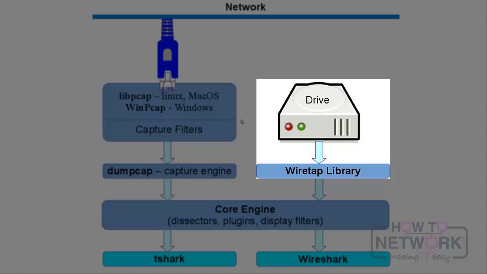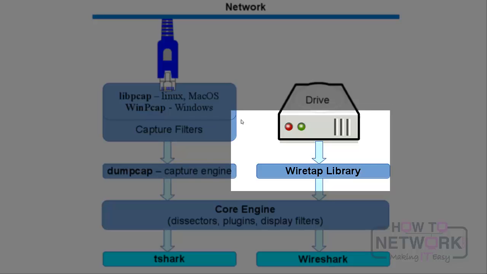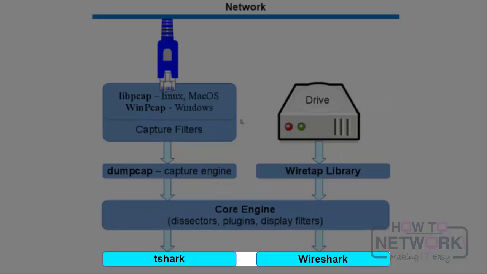Then it passes the frames to the core engine as well. There are two flavors of Wireshark, the graphical user interface one and the command line one, which is called TShark. The second one is very useful for automated tasks, which can be easily achieved in a Linux environment, which I strongly recommend. Now, let's introduce you to the Wireshark interface.